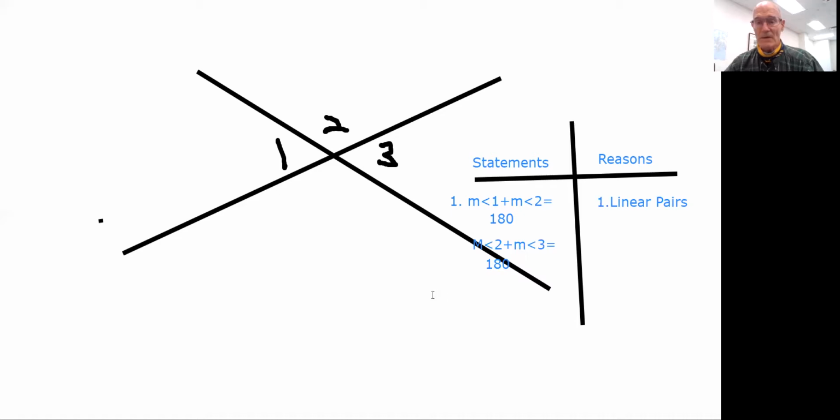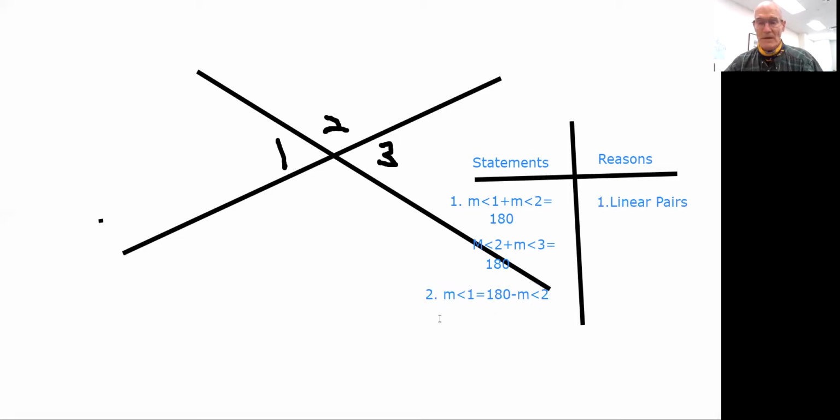Now the next thing I do is solve these equations, so I'll come back over here and put down 2. The measure of angle 1 is equal to 180 minus the measure of angle 2.